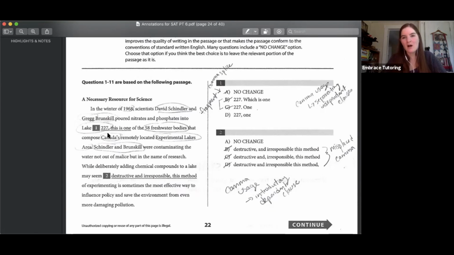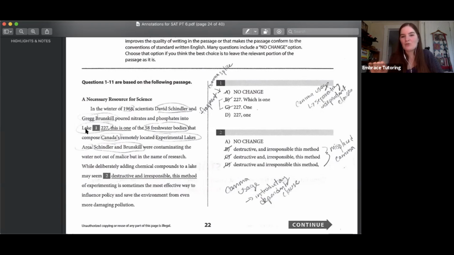It's actually providing non-essential information here. It's not necessary for us to fully understand what's happening and what the main action is, which is that David Schindler and Greg Brunskill poured nitrates and phosphates into the lake. That's the main action in this sentence.